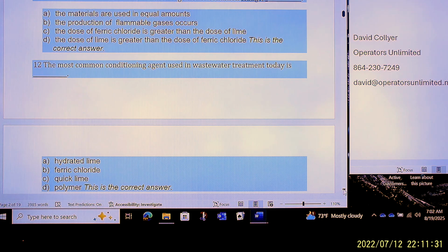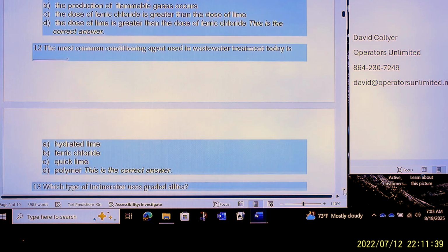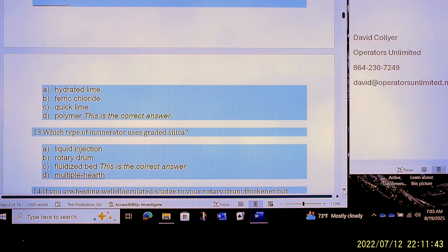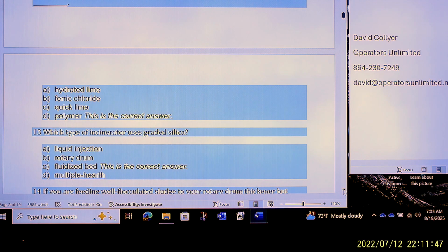The answer to number 11 is D. The dose of lime is greater than the dose of ferric chloride. Number 12, the most common conditioning agent used in wastewater treatment today is A, hydrated lime, B, ferric chloride, C, quicklime, D, polymer. The answer to number 12 is D, polymer.